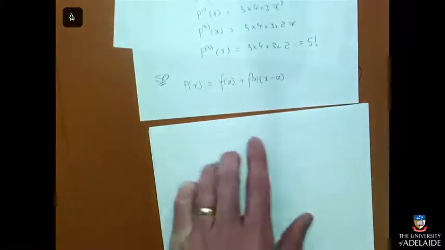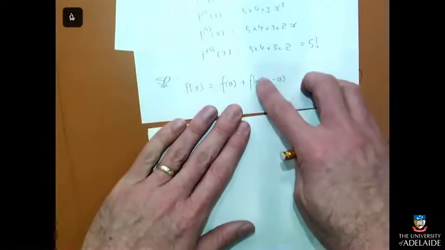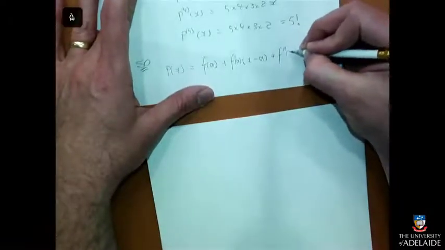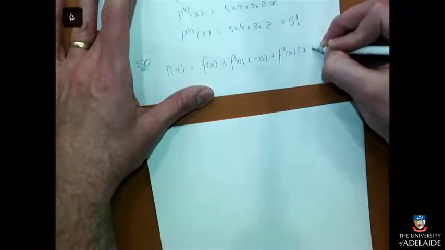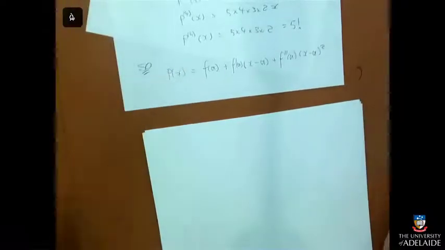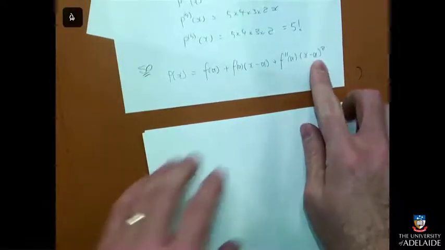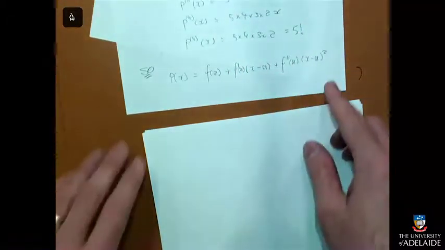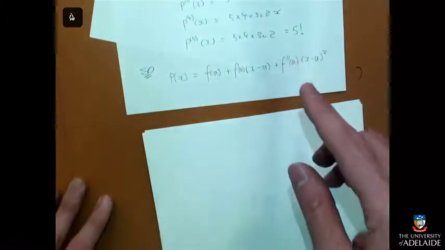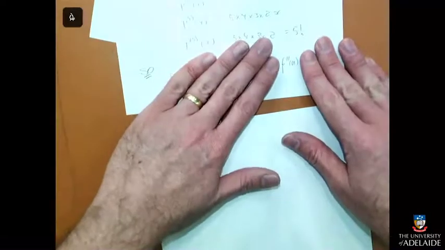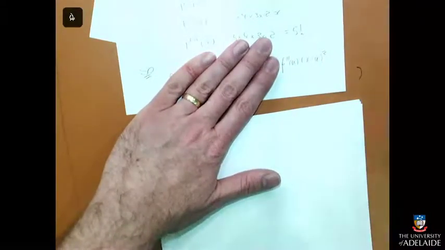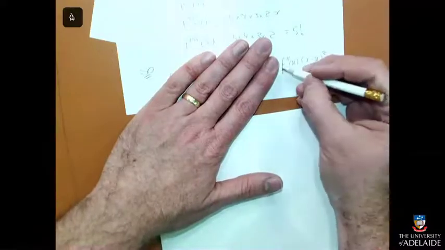And if I differentiate it, the derivative of that is just 1 and I get f dashed of a. And that's nice. And this x minus a is going to arrange for everything to disappear when x is equal to a. So if I differentiate this twice, I'm going to get f double dashed a, only, oh crap, because of the 2 there's going to be a 2 out the front. So I'm going to have to divide by the 2.